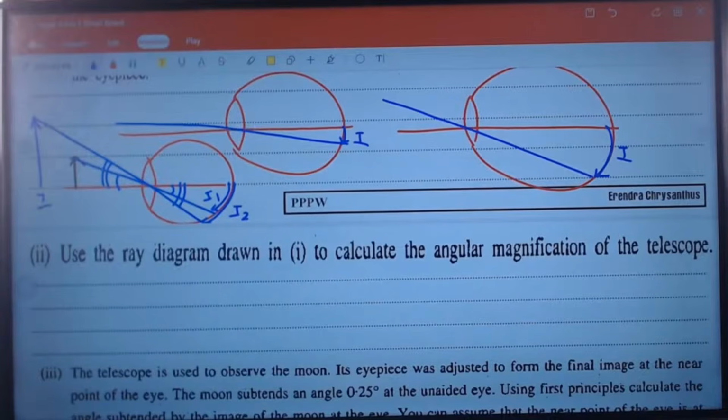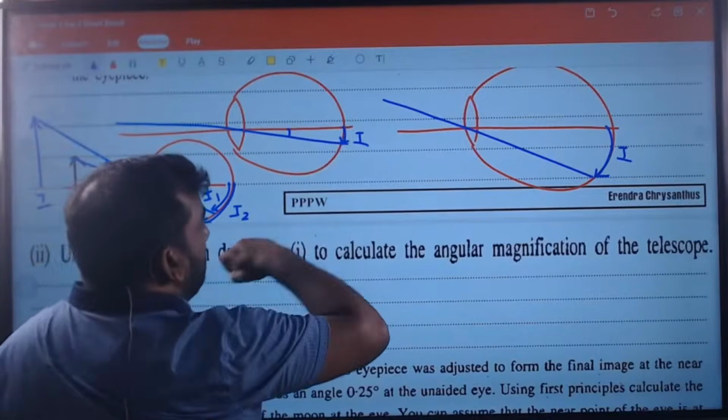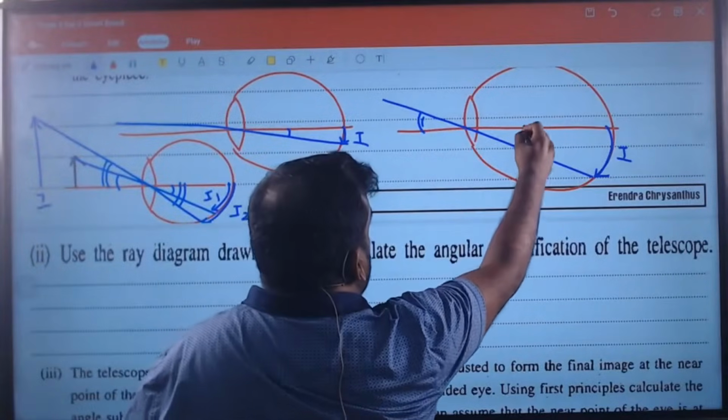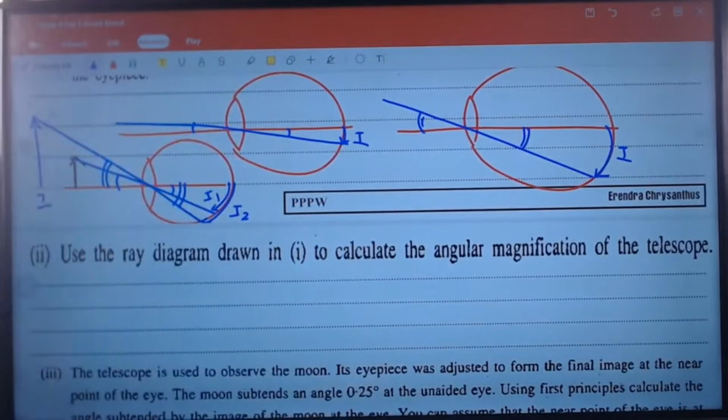Larger the angle subtended on the eye, larger the size of the image, and smaller the angle subtended on the eye, smaller the size of the image. Right.